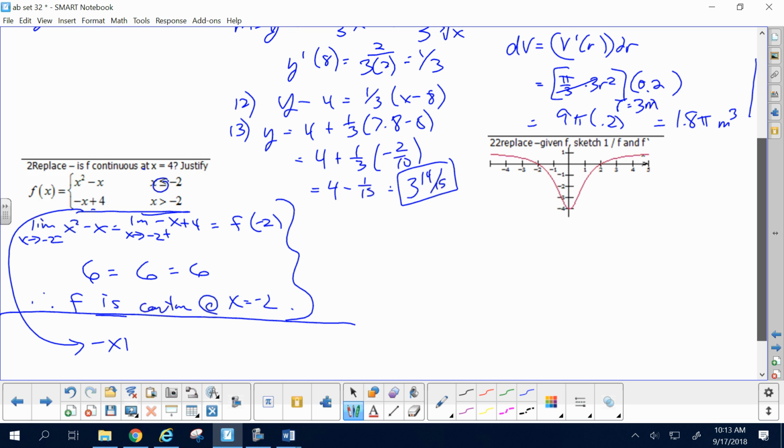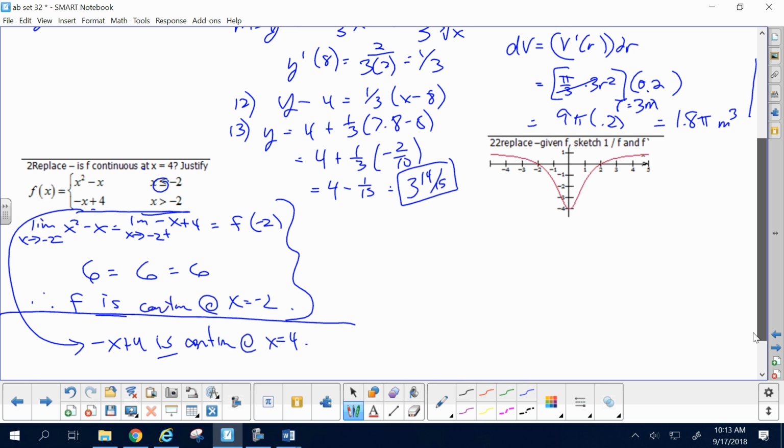Yeah, -x plus 4 is continuous at x equal 4. So that's actually a non-question. I'm not sure what I was getting at there. Lainey, you are a real critical reader. Good job. I don't know if it's a trick question or what my intention was.